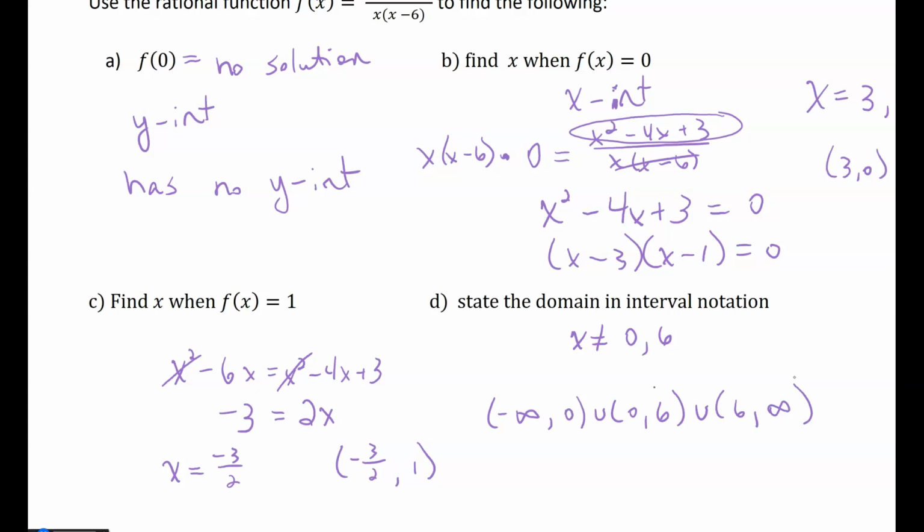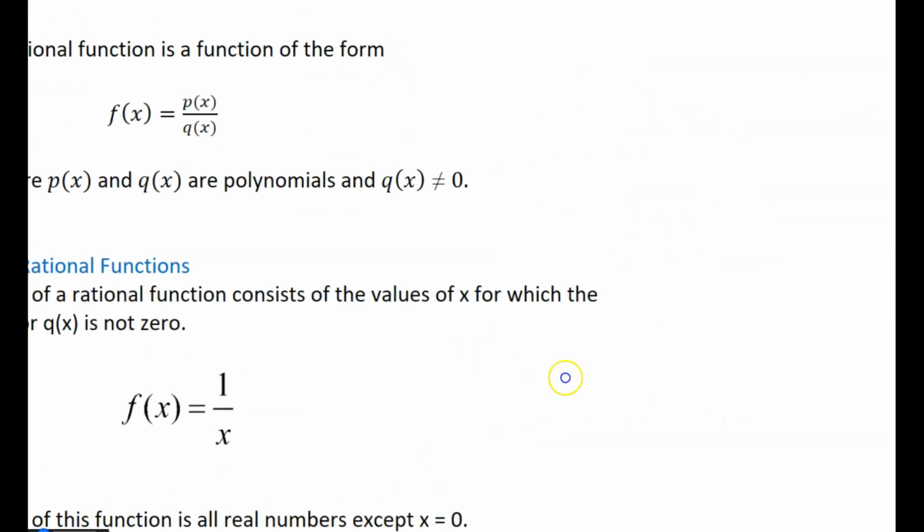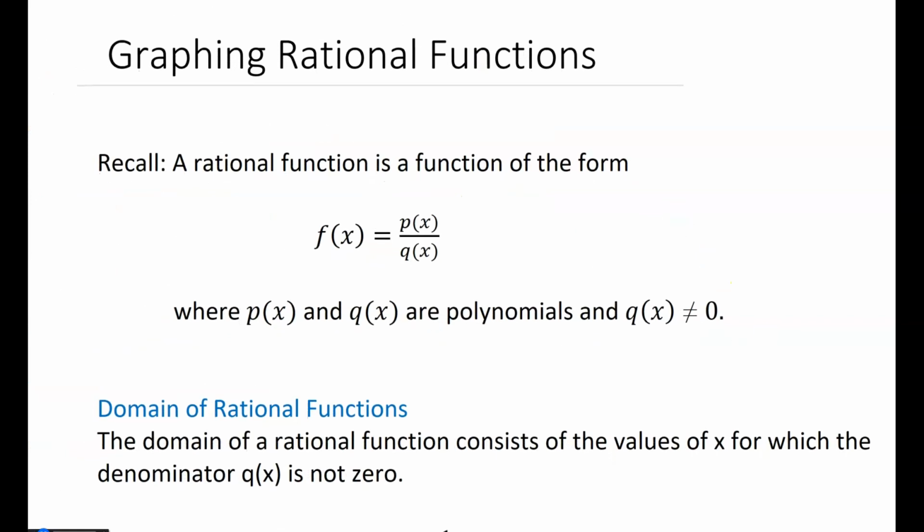Okay, so this was done sort of in preparation for our lesson today, which is the graphing of rational functions. All right, so this part you guys have already seen. A rational function is just a function in this form where it's basically a fraction, and we have an expression in both the numerator and the denominator.